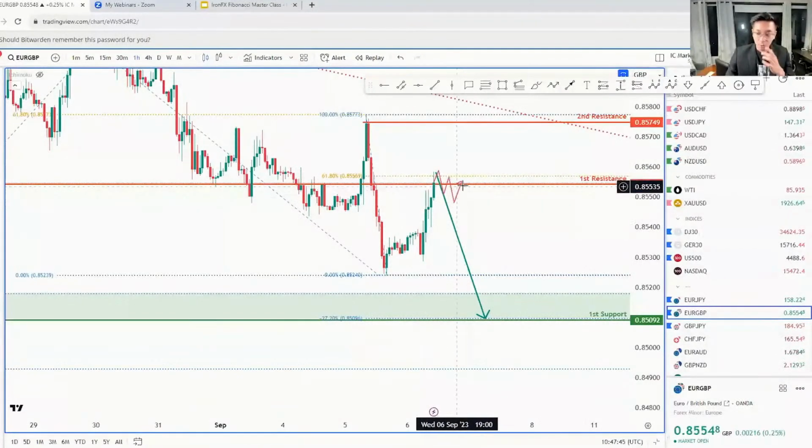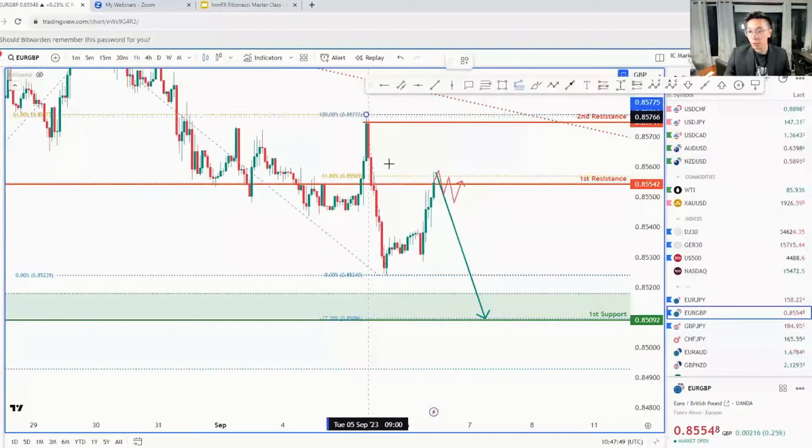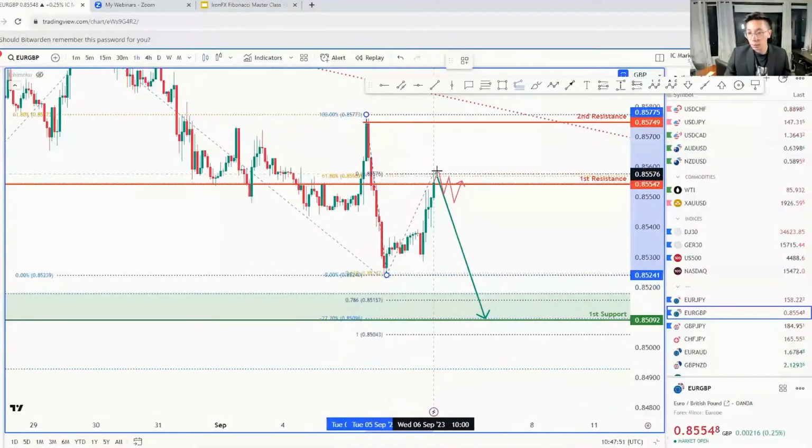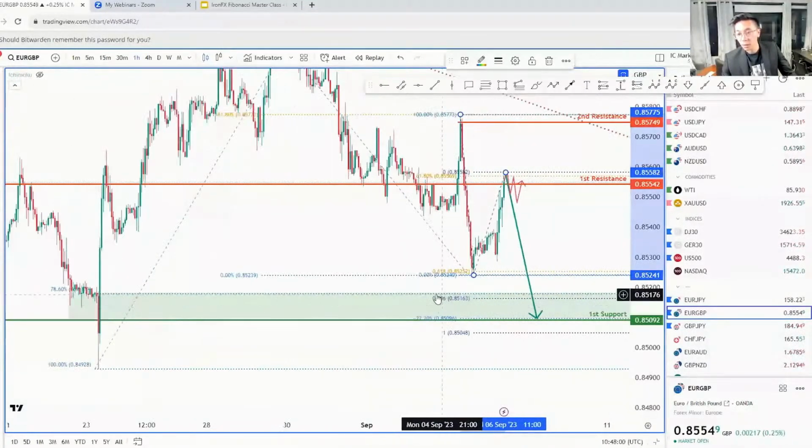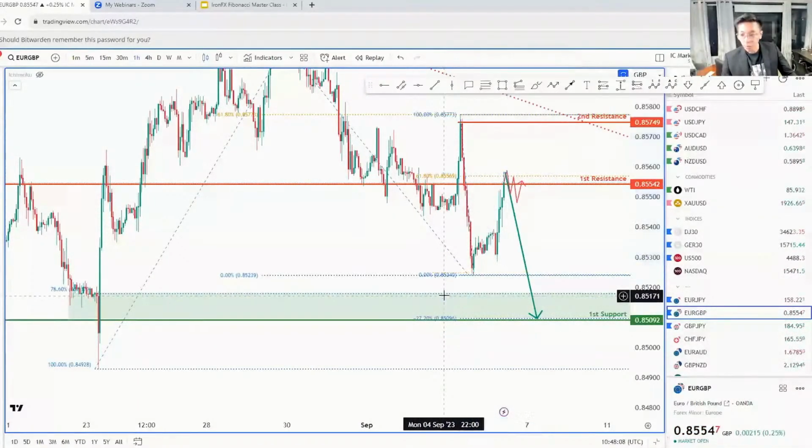So once it completes this move, let's say price is here, then you can use your projection to see where price can go. So this high, this low, and this high. Okay, so if you have this tool right here, you can easily find something which is the 78.6% Fib projection level. Okay, so once you have this, then you will be able to see where price could lead up to.